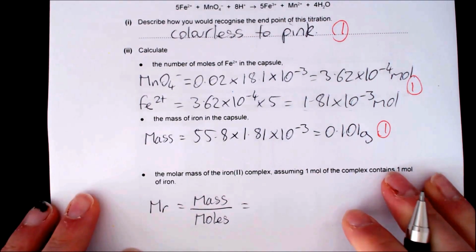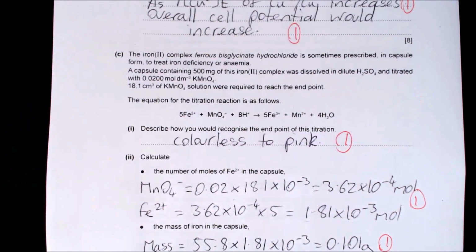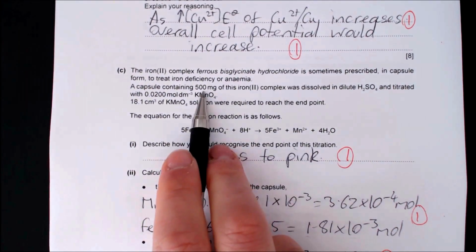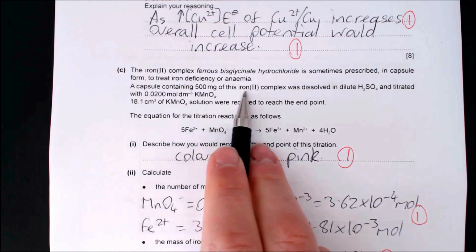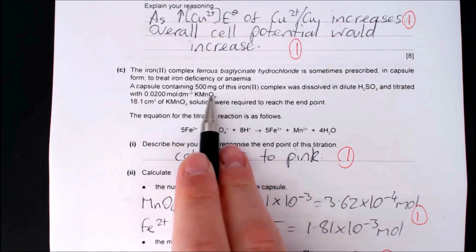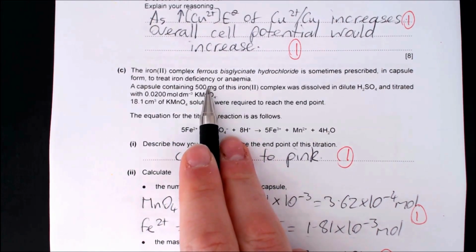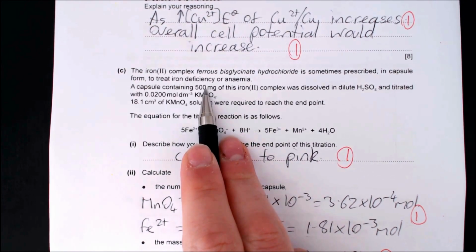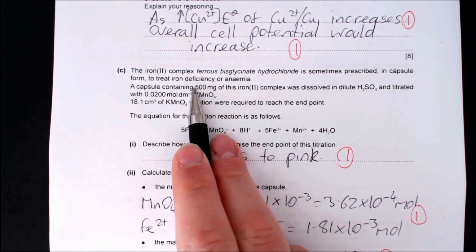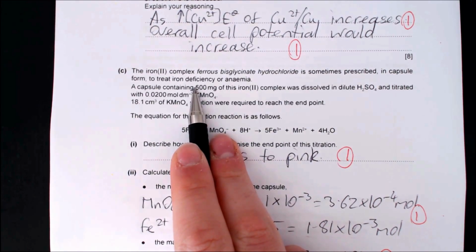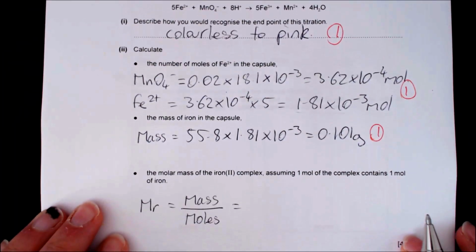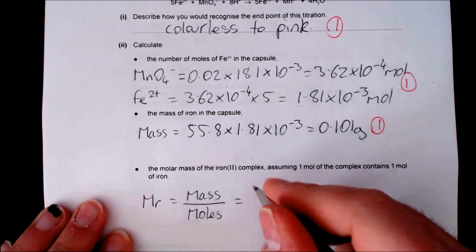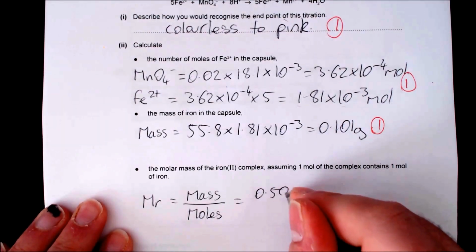Okay, so effectively the mass, if I just come back up to here, the capsule contains 500 milligrams of this complex. We need to convert that into grams, so we effectively divide that by 1,000 to get it into grams. So that's going to be 0.500 grams, because it must be in grams. That's the first thing. Don't forget that bit.